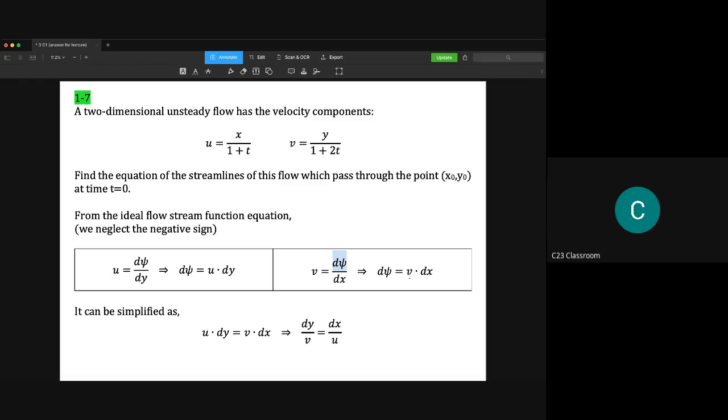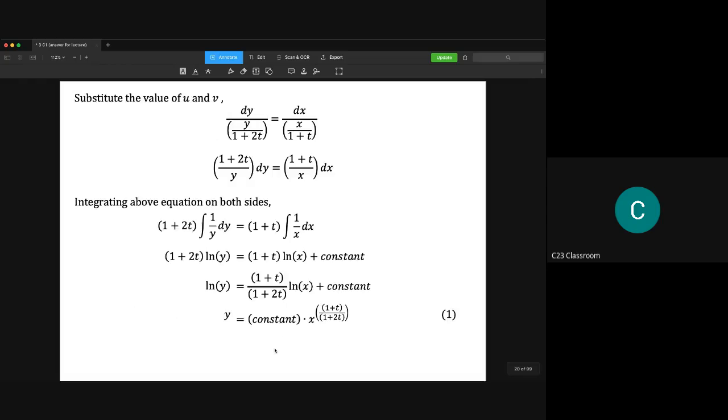Then we equate both equations, so we have u times dy and v times dx, which can also be rearranged as dy over v and dx over u. We just bring the parameters to the left and right hand sides. Then we know the values of u and v, so we substitute the values and rearrange.